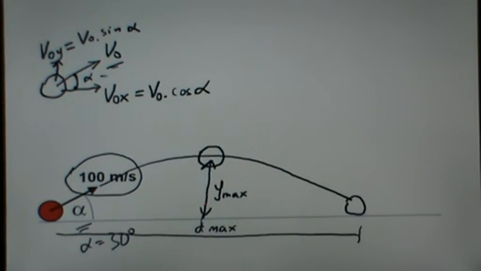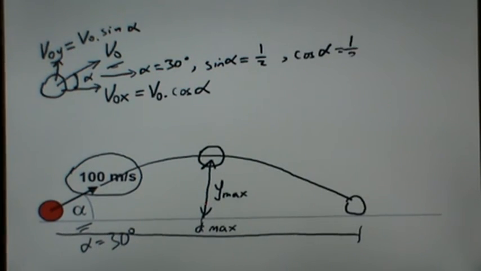Here alpha is 30 degrees, and by using a calculator you can find that sine alpha will be 1/2 and cosine alpha will be 1/2 square root of 3. Then you can find the value of v0x.